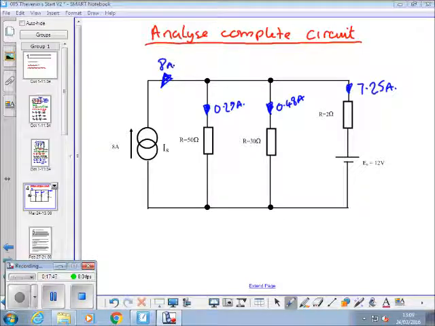In what way was the current in this leg? What direction? Would have been down, wouldn't it? Yeah. And in this leg, down. But in this leg, up. Yeah. So, and what was I1B?